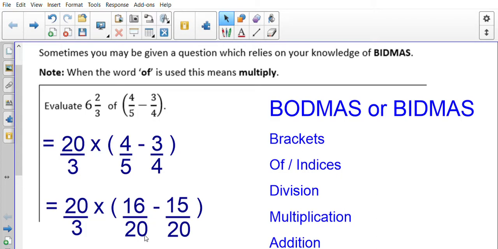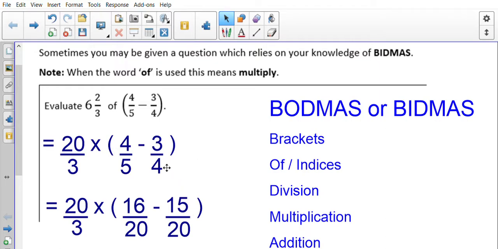In other words, the first number to appear in both the 5 and the 4 times table is 20. Remember, you need to make sure your fractions are equivalent. If I've multiplied the 5 by 4 to get to 20, I must also do the same to the 4. So 4 times 4 is 16.